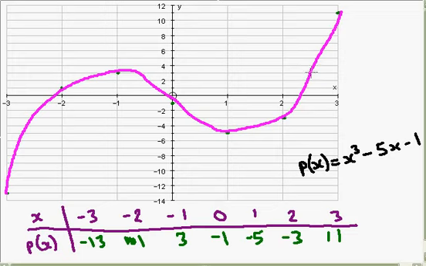Positive would mean I would need to move closer, okay, to 2. If it was negative, then I would need to move closer to 3 in order to exactly get to p of x is equal to 0. And that is one way to numerically solve a cubic.